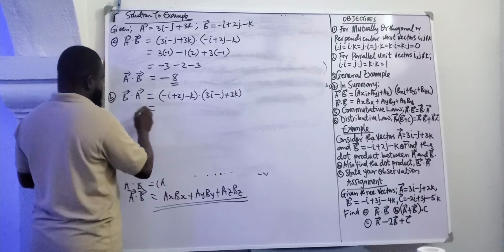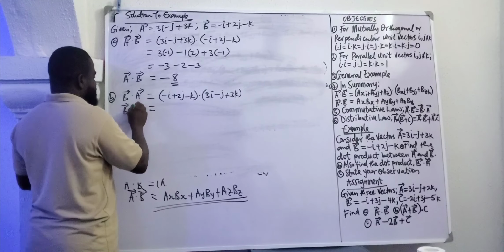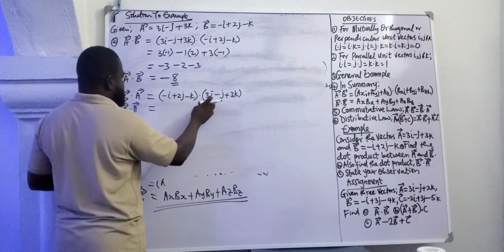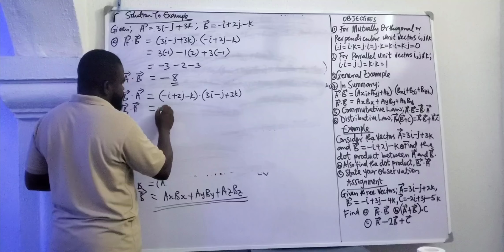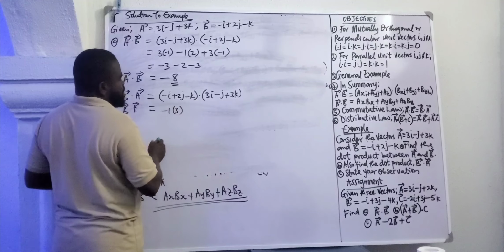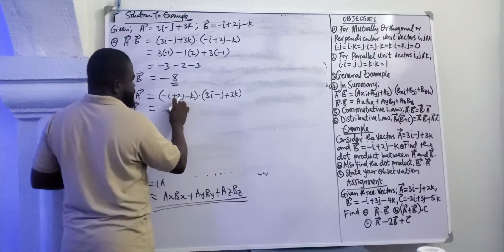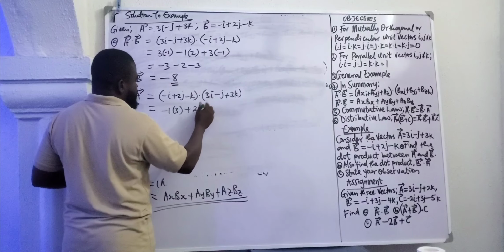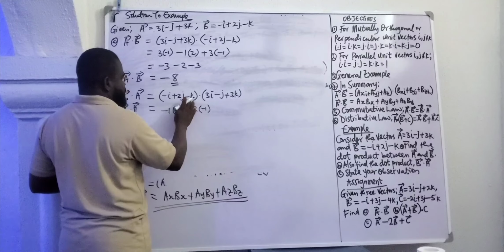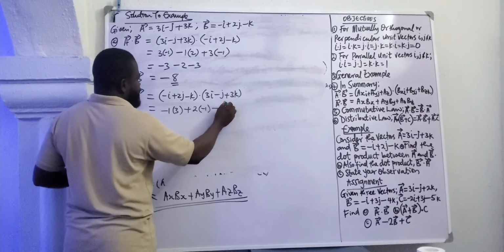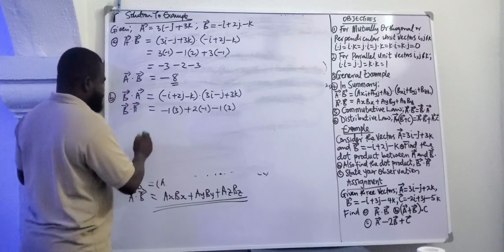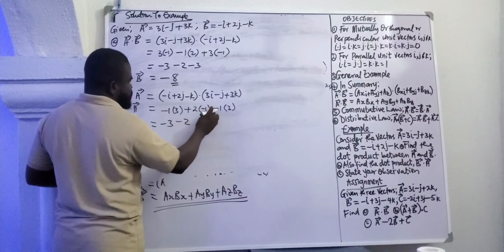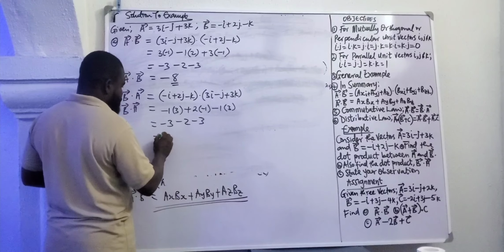So we dot it, like I've said. What you just have to do, since it's a dot product, like for like. So I will dot coefficient of i with coefficient of i. That gives me what? Minus 1 times 3 plus coefficient of j dot coefficient of j, that is 2 times minus 1, coefficient of k and coefficient of k, minus 1 times 3. That gives me minus 1 times 3 is minus 3. This is minus 2. This is minus 3.